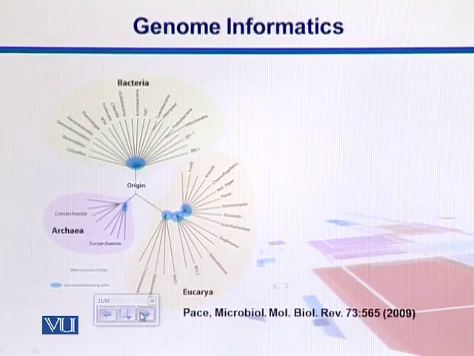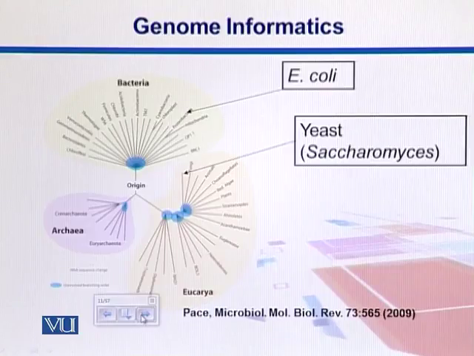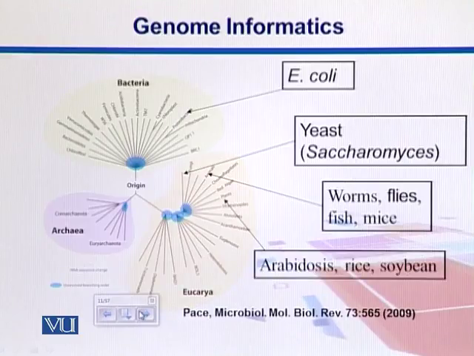We pick model organisms from important branches of this tree of life. For example, E. coli is right here. We pick yeast as an example of fungi. From animals we have worms, flies, fish and mice. Obviously Arabidopsis, rice and soybeans are the examples from plants. So we try to get these organisms, the best representatives from different classes, from important branches on this tree of life.